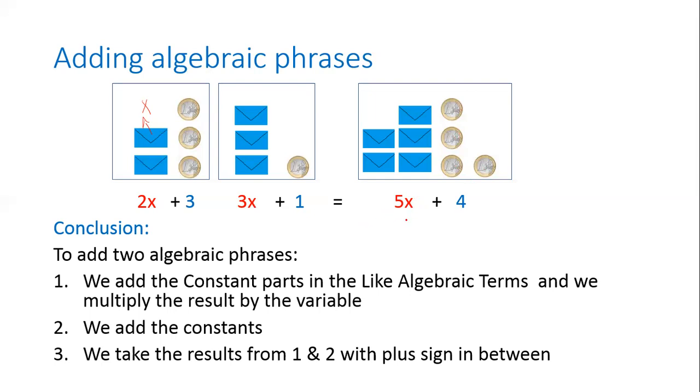Now, let's forget about the picture and look only at the algebraic phrases. So here we have an algebraic phrase, and here we have an algebraic phrase. And here is another algebraic phrase, which is the value of the total amount of money that is taken from the 2 squares.